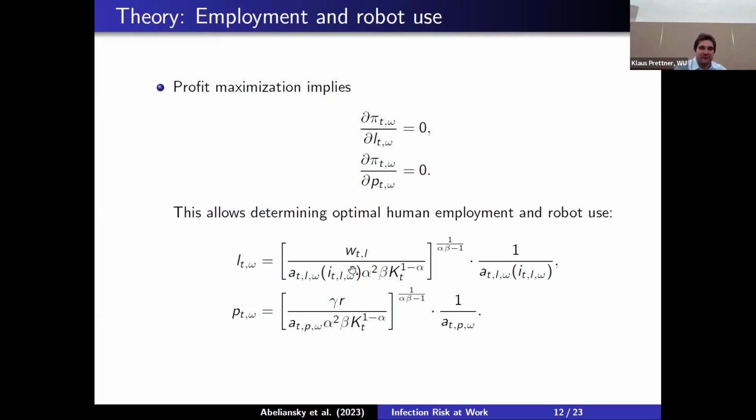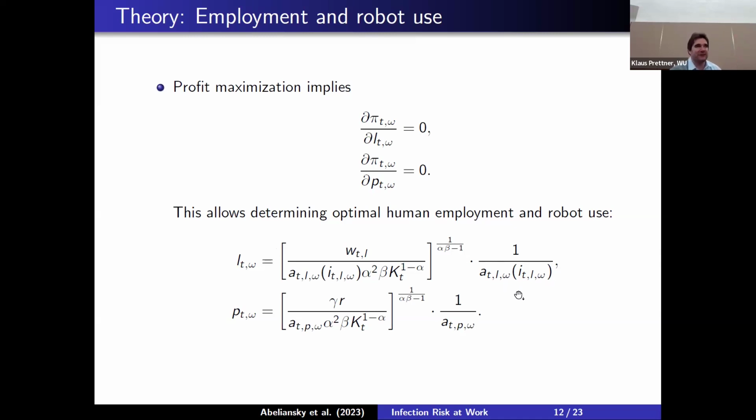What's a little more involved is the interpretation of how productivity affects employment, because we have two opposing forces. If human productivity increases, you need fewer workers in the production process, but at the same time it becomes more profitable for firms to hire more workers because they can produce more, and profits go up. This effect is actually stronger, which we can show by the exponent here.